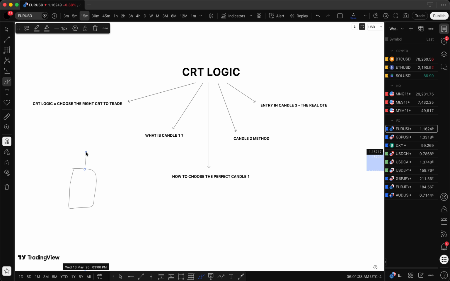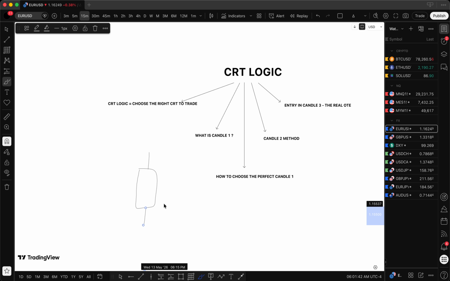Always and always remember the color of the candle. Of course, if you're bullish, a bearish candle is a good range, but it's only good if it's in the right concept, right? In the right scenario. Or you always need a key level or the order flow.